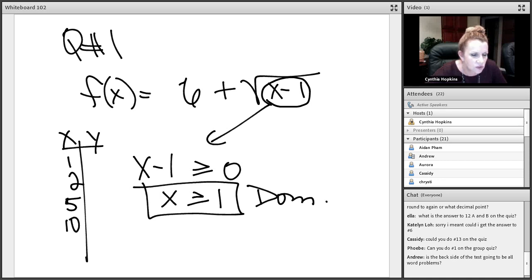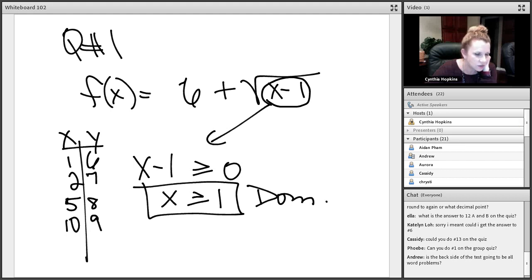Okay, so just choosing a few key points that are going to be good, smart choices for x. When I plug in 1 for x inside the radical, I end up getting 0. And so the square root of 0 is 0, and so my y value is 6. Okay, when I continue plugging these in, I'll get 2, 7, 5, 8, and 10, 9.